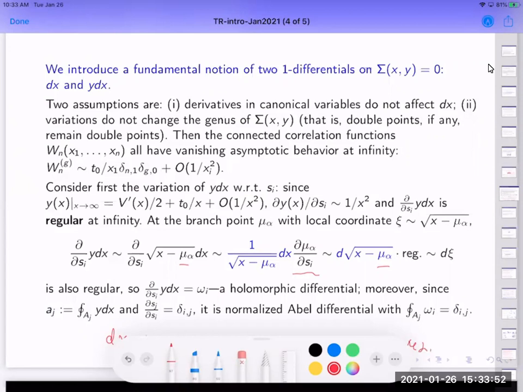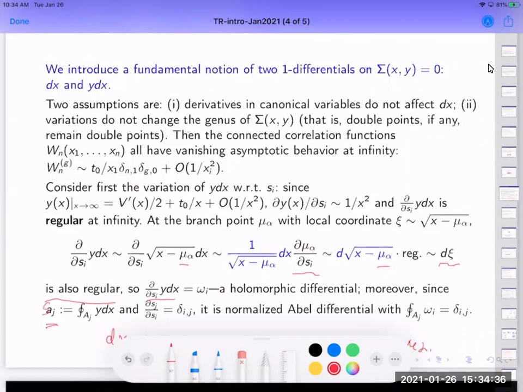The result gives just a regular expression multiplied by dxi. So this simple consideration shows us that this derivative is also regular. Basically, the derivative of this differential is regular everywhere, so it's a holomorphic differential itself. And as such, we also know that if I consider these filling fractions, oh sorry, it must be S.